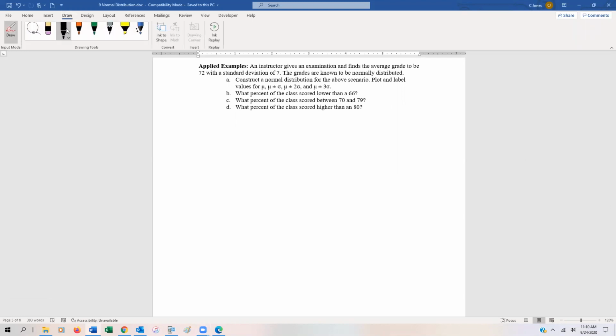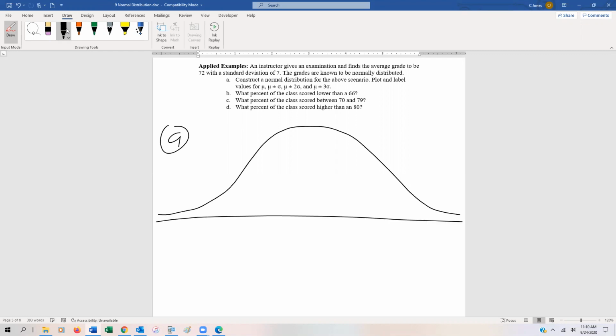And this is something we did in the first video. So here's our normal distribution. And remember, dead in the middle is going to be 72 because that's the average grade. And then one standard deviation above, so this is mu, and mu plus sigma would be 79 because we would just take 72 plus 7.